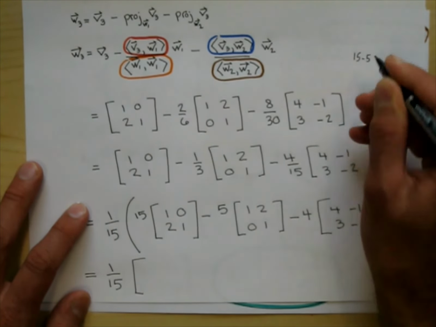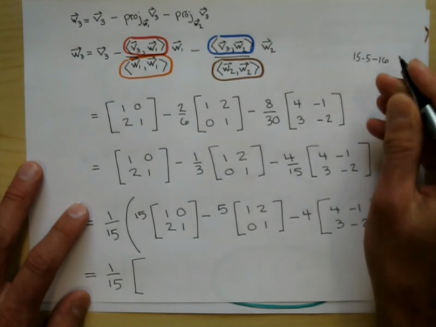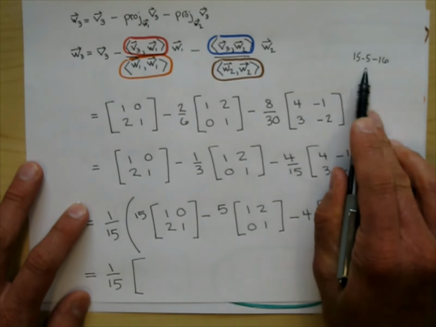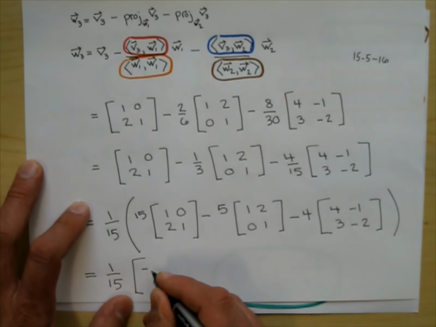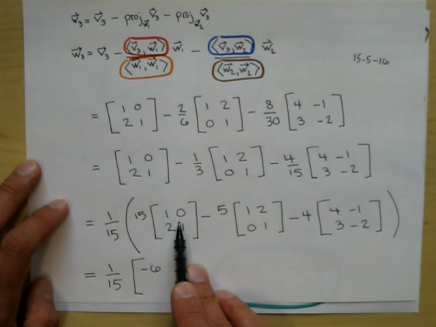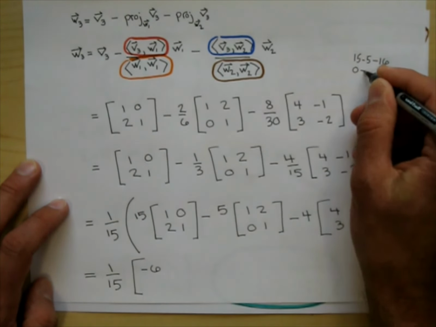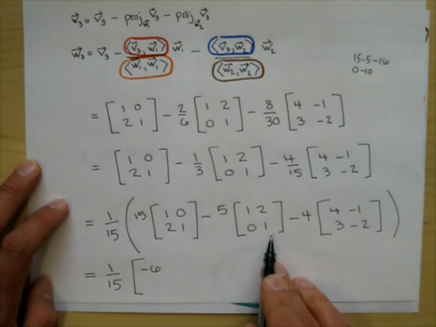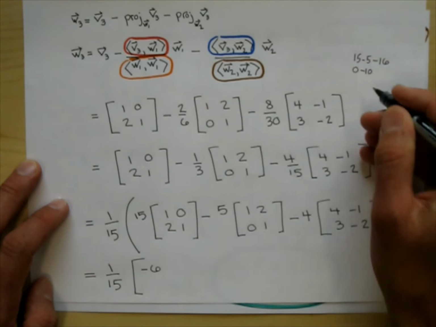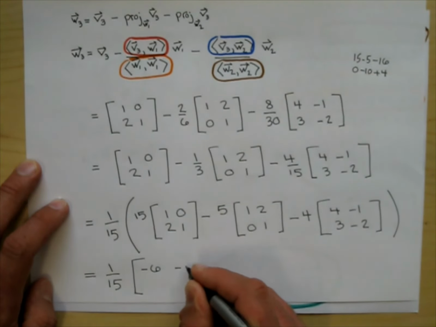So that looks like it gives me a -6. And then this one gives me a 0, negative 10, and then plus 4. So this gives me a negative 6.